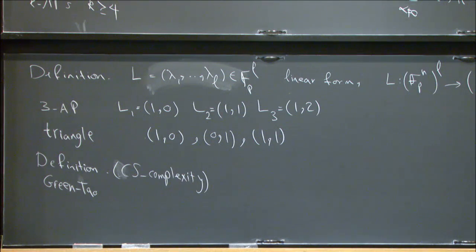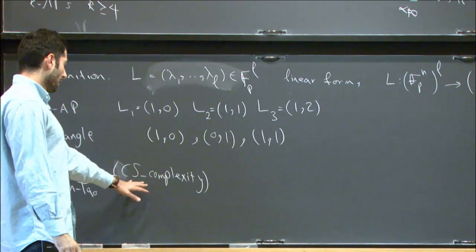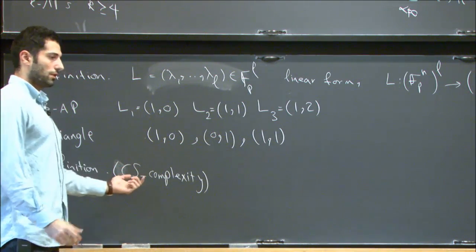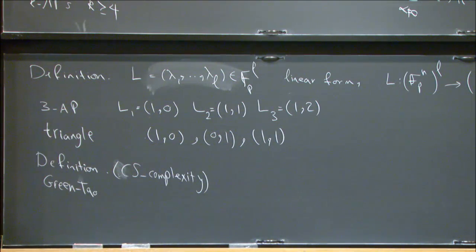Using this complexity, you can define a uniformity norm, and you can actually control the density of such linear forms.